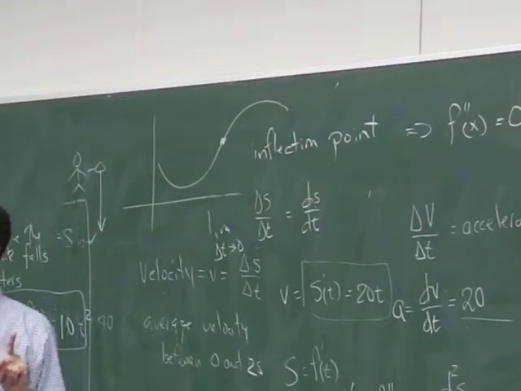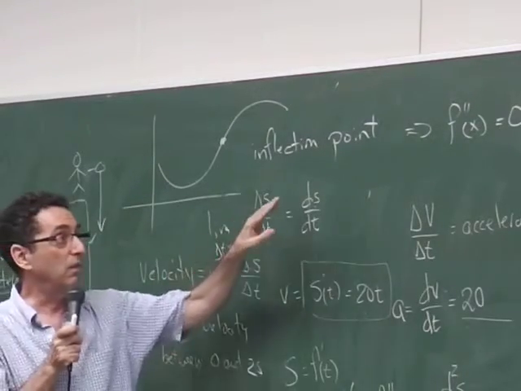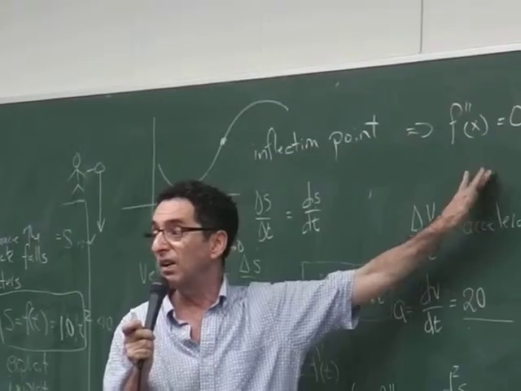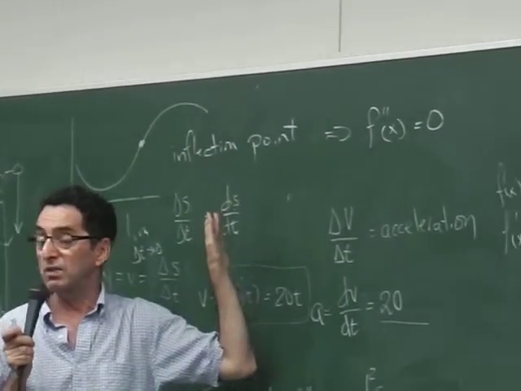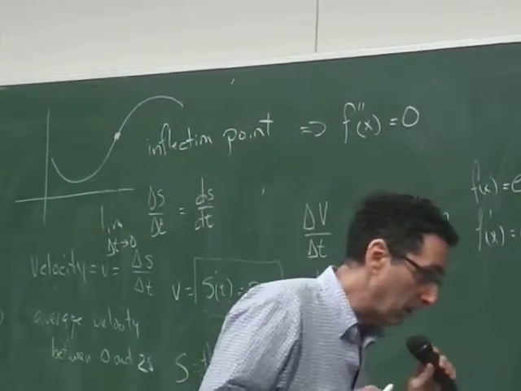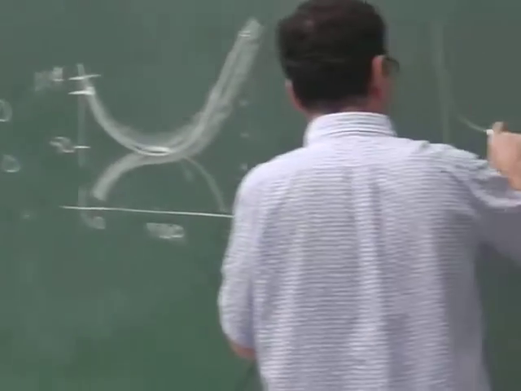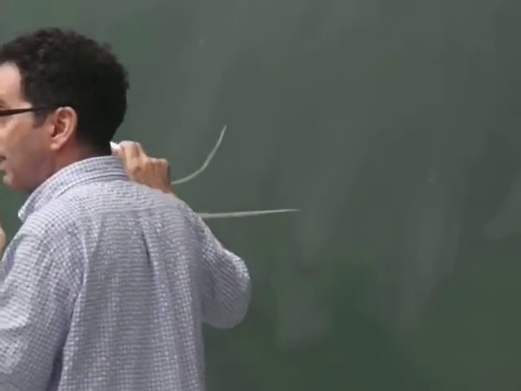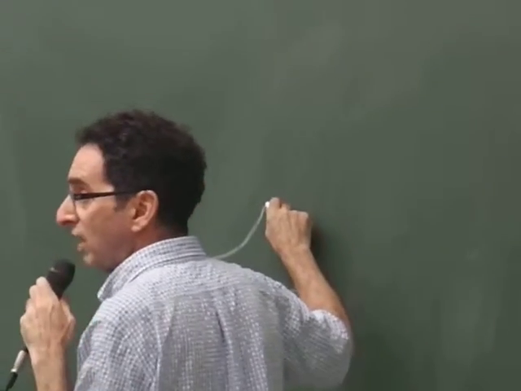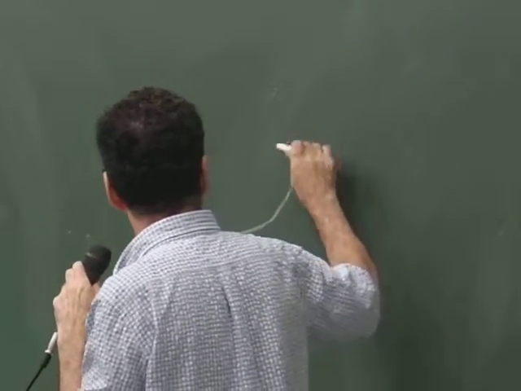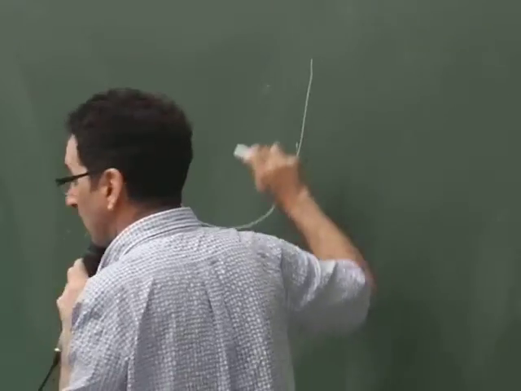Now the opposite is not necessarily true. If the second derivative is 0, it doesn't mean that you have an inflection point, because you could get something that looks like this. So it goes like that, and it sort of looks like it's going to change concavity, but then it keeps going.